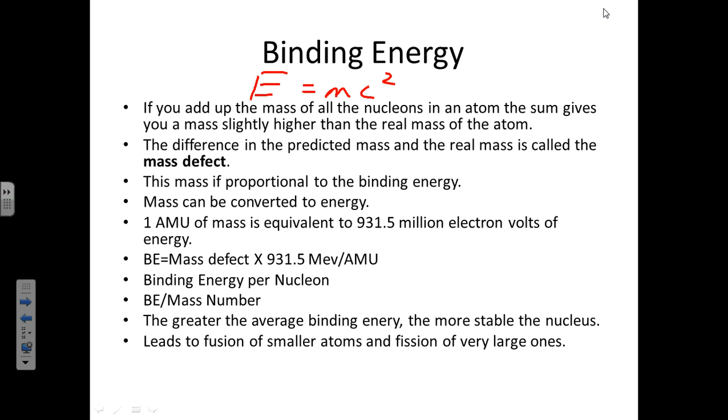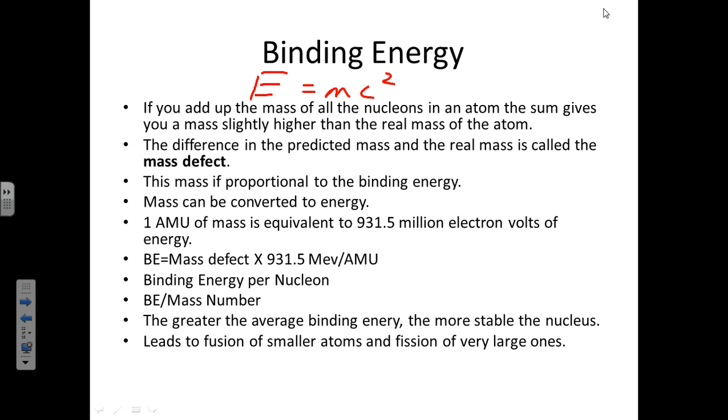But that mass that just seems to be gone is called the mass defect. And it's proportional to what's called the binding energy, the energy that holds the atom together. 1 AMU of missing mass is equivalent to a whole lot of energy, 931.5 million electron volts. Bunch of energy.